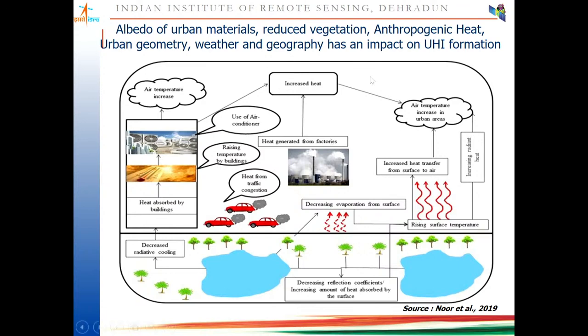There is reduced vegetation in urban areas, and there is anthropogenic heat. Urban geometry also plays a role in trapping of heat. And then weather and geography, like synoptic weather conditions and the location of your urban area, all have an impact on UHI formation. So there is heat absorbed by buildings, heat from traffic congestion, and the use of air conditioners, all of which add to the increased heat in urban areas.